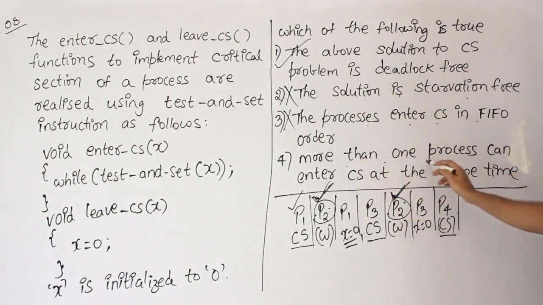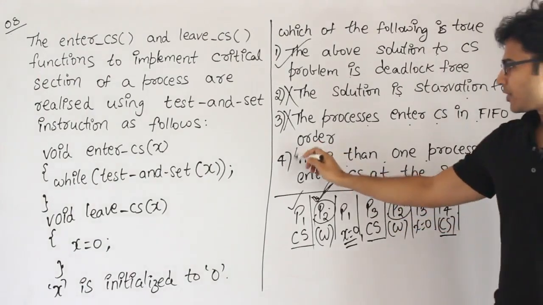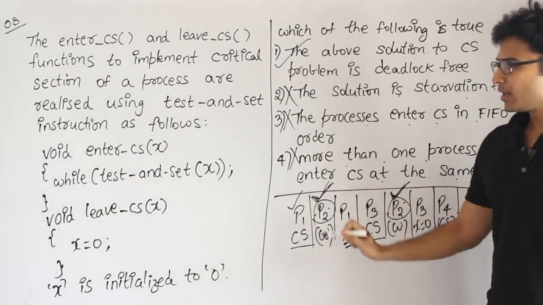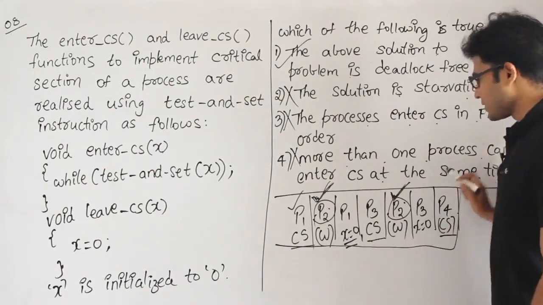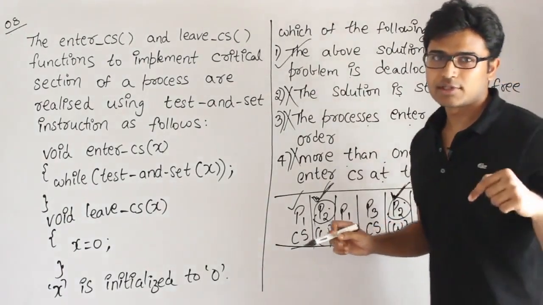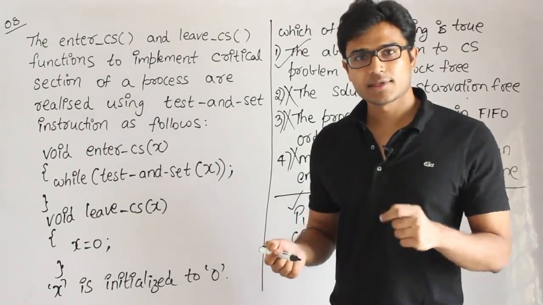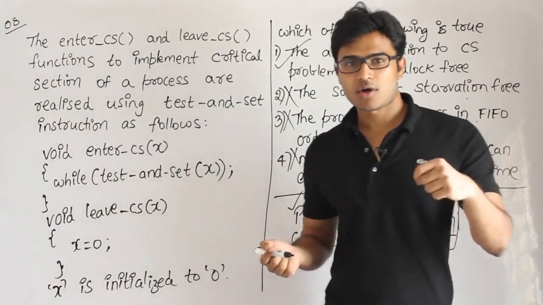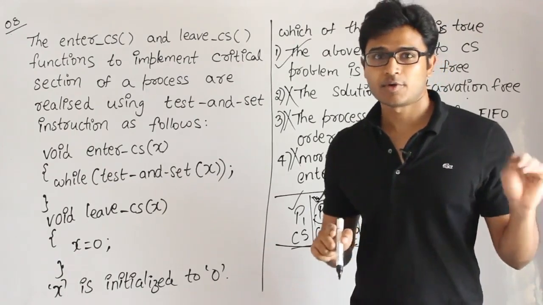Next one is that more than one process can enter the critical section at the same time. It is false. Why? Because mutual exclusion is definitely guaranteed because of TSL. Only the one process which executes its TSL first will enter the critical section, and all the other processes will get blocked. The reason is, after reading the lock, we are setting the lock immediately without any gap in the middle because of the atomic operation.